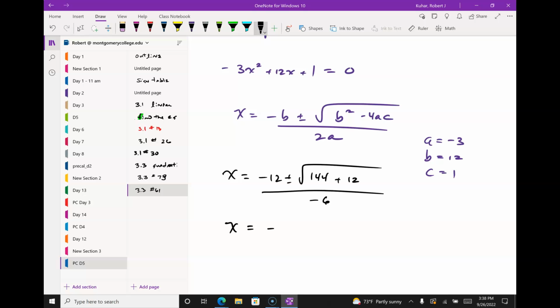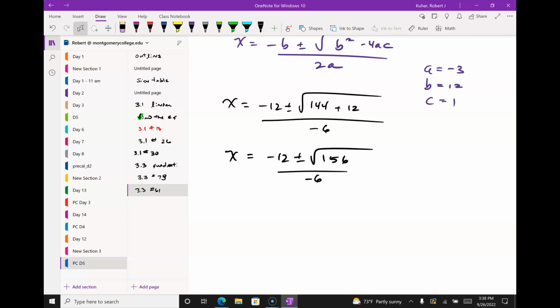You remember doing this before? I want to see if there's a square factor in 156. So definitely divided by 4, right? Yeah.